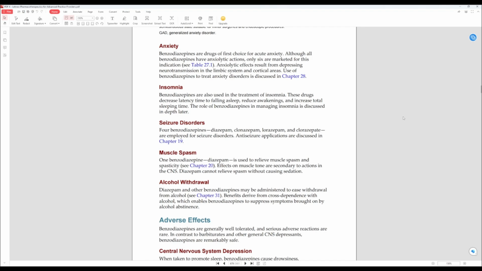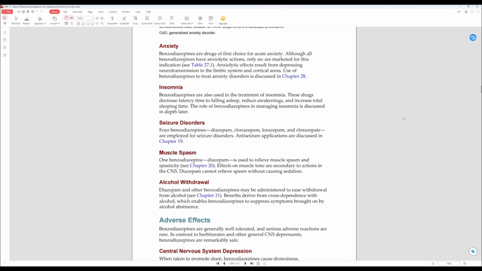The use of benzodiazepines to treat anxiety disorders is discussed in Chapter 28. Insomnia. Benzodiazepines are also used to treat insomnia. These drugs decrease latency time to falling asleep, reduce awakenings, and increase total sleeping time. The role of a benzodiazepine in managing insomnia is discussed in depth later.